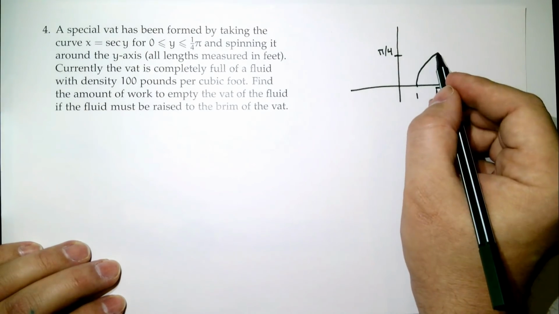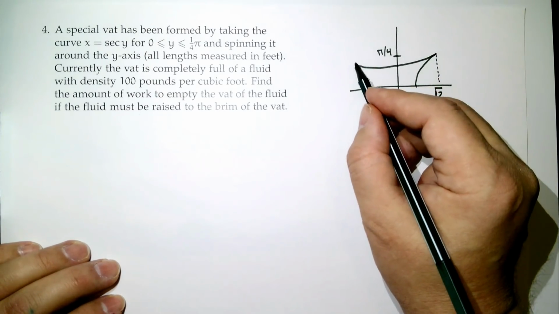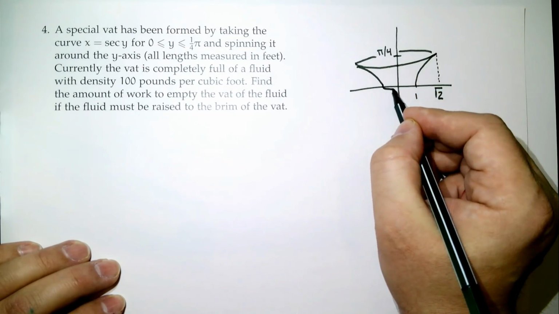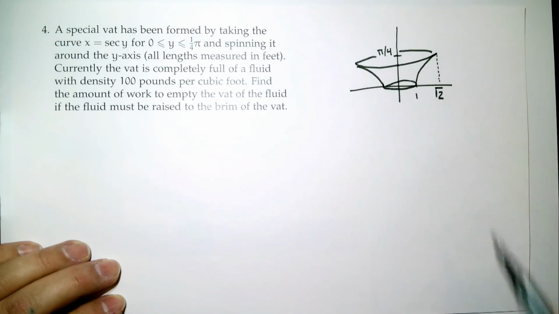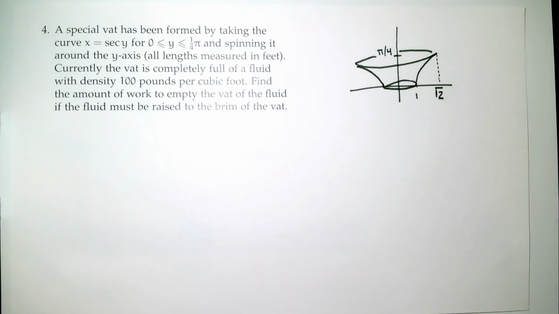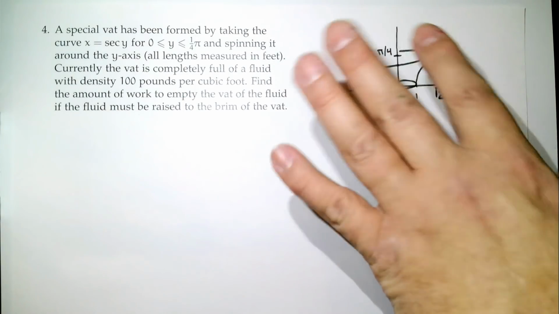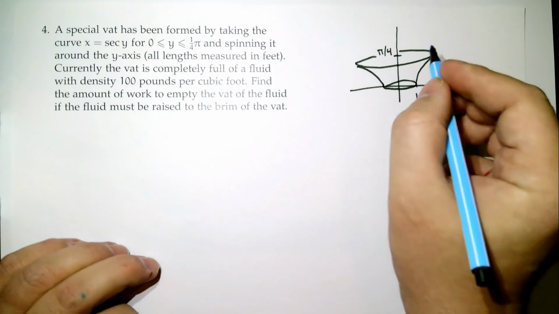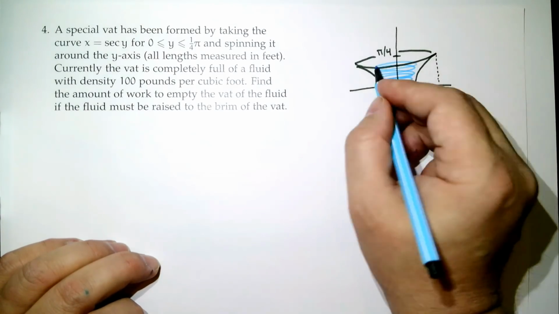So what you're doing is you're revolving this around the axis so that our tank looks something like this. So there's our tank, our vat, except probably it won't be lopsided, tilting to one side. Okay, and right now it's completely full.